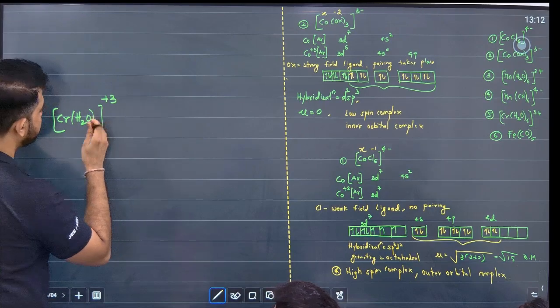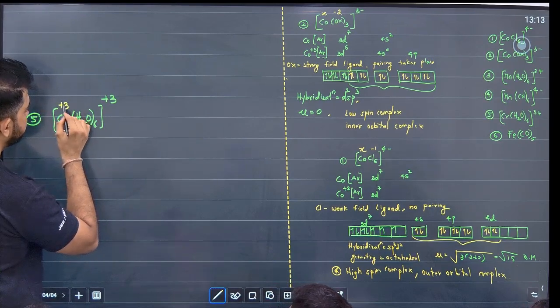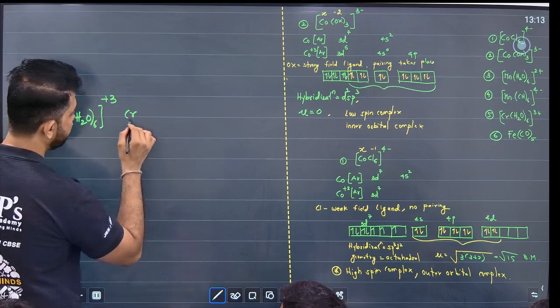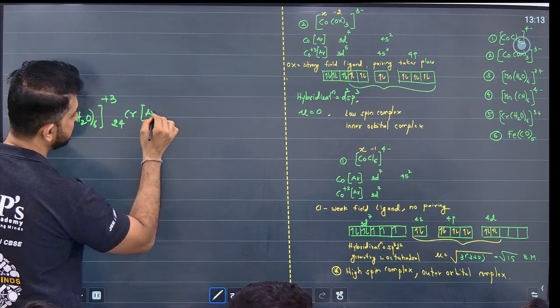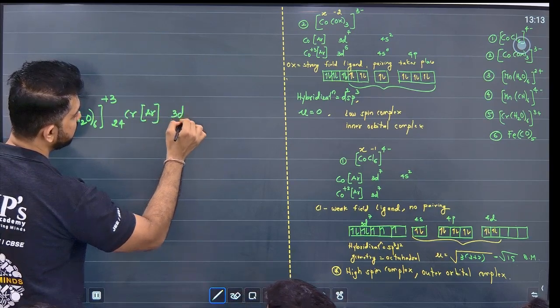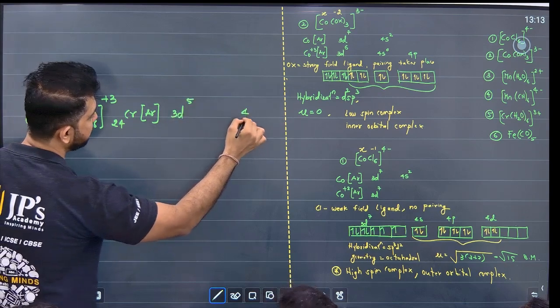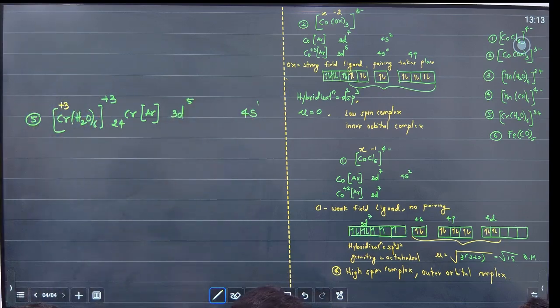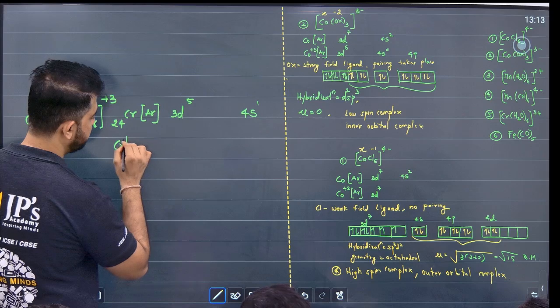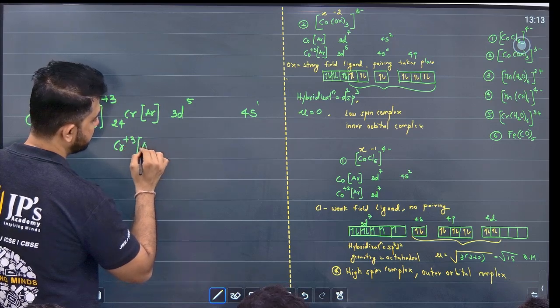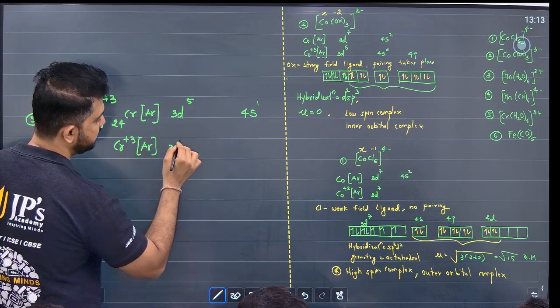Chromium electronic configuration, atomic number 24. Electronic configuration. Excellent. Half filled, isn't it. 3d5 4s1. So chromium 3+ what will it become, people? Excellent. 3d3.